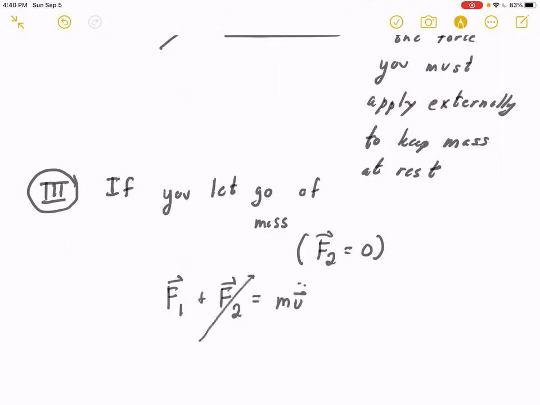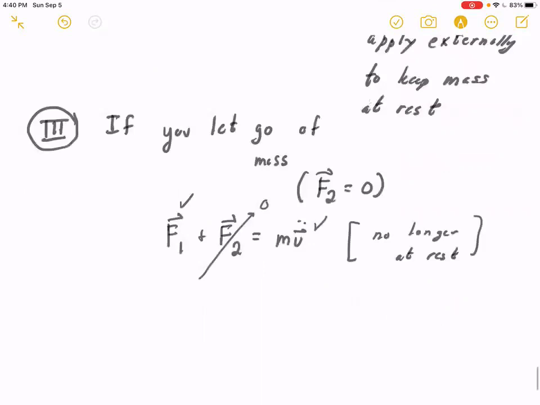Now, F sub 2 is 0. So in fact, this system is no longer at rest. F sub 1 is not 0, so there will be a non-zero acceleration.